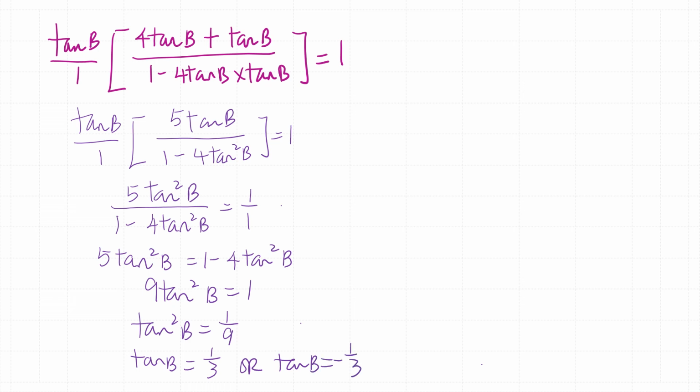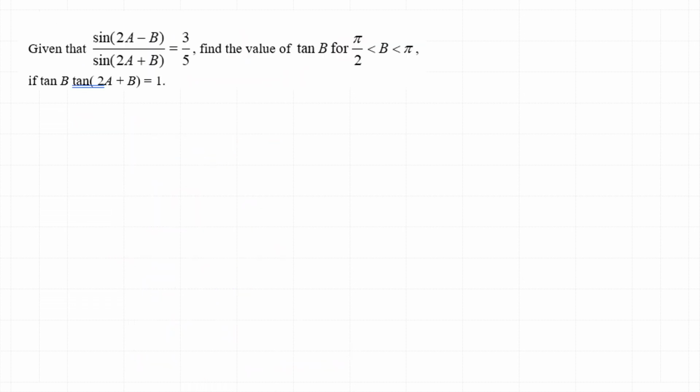Right, however, there are some conditions that you need to satisfy. So what are the conditions? The condition that you need to satisfy is the angle b must be between 90. Pi over 2 is 90 degrees because 180 is pi. So 180 divided by 2, it's 90. So angle b must be between 90 to 180. So between 90 to 180 will be in the second quadrant. That means your angle b must come from the second quadrant.